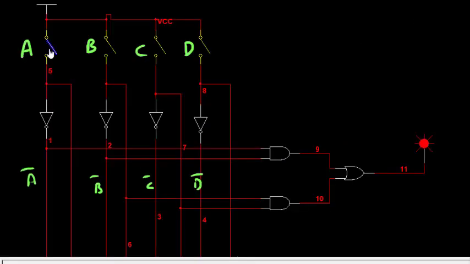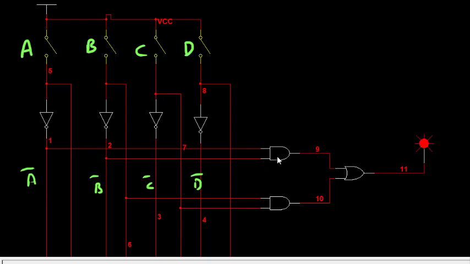I have used 4 switches for A, B, C, D, all connected to VCC. From each switch two wires come, one going through a NOT gate, one directly. So for A we have A bar and A, and the same way for B, C, and D. There are 8 inputs here: A, A bar, B, B bar, C, C bar, D, D bar.